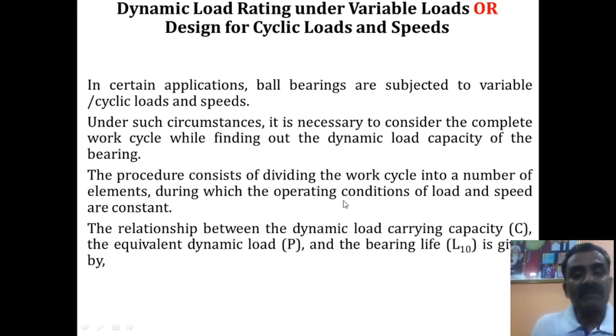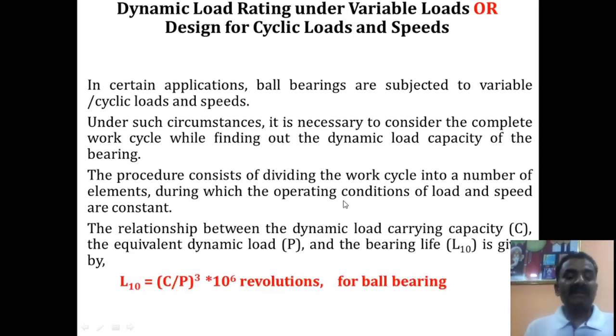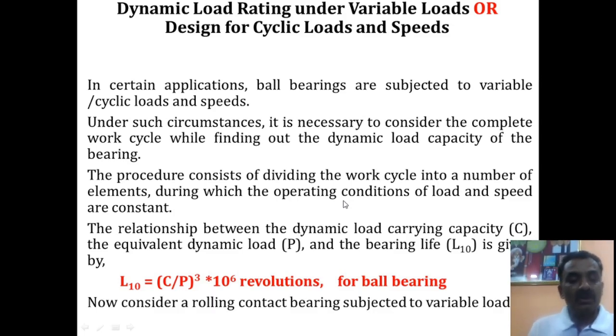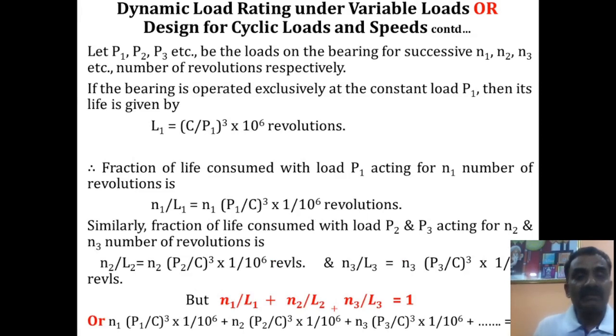The relationship between the dynamic load carrying capacity C, the equivalent dynamic load P, and the bearing life L10 we already know: L10 is equal to C upon P raised to 3, into 10 to the power 6 revolutions, where 3 is for ball bearings. Now we will consider rolling contact bearings subjected to variable loads.